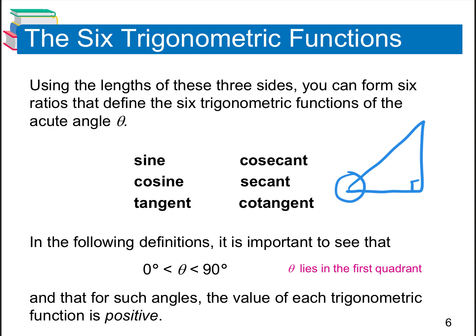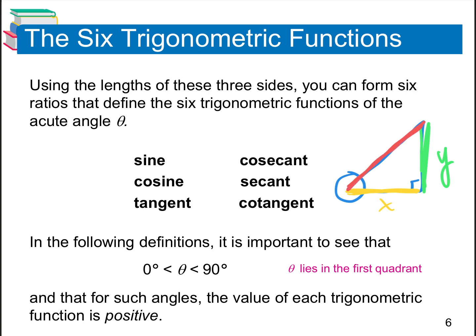This left to right value is our x. What does x go with? If you have an ordered pair, what's your x value, the sine or cosine? Cosine, okay. The up and down, the height of your triangle, is your y value, right? That's your sine. Agreed? Okay. And then this is your r value. In this case, it's going to be our hypotenuse.